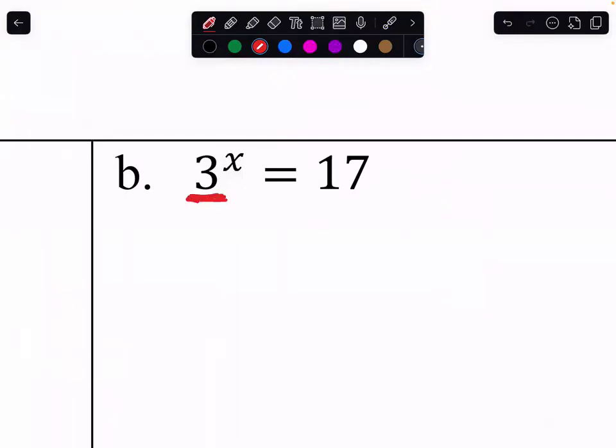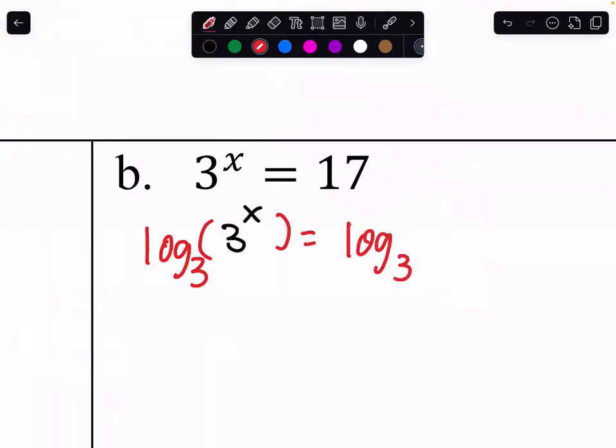So to cancel it out, we're going to do log base 3 of both sides. Again, whatever the problem starts with, you do the opposite. This starts with an exponential term, so you do a log to cancel it out. The previous page started with a log, so you do the exponent.